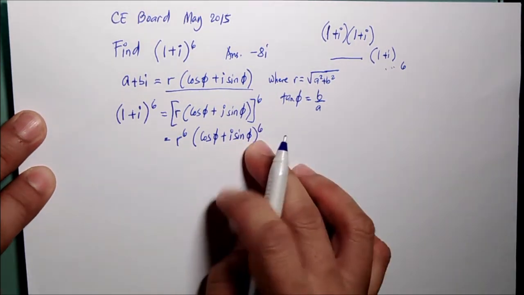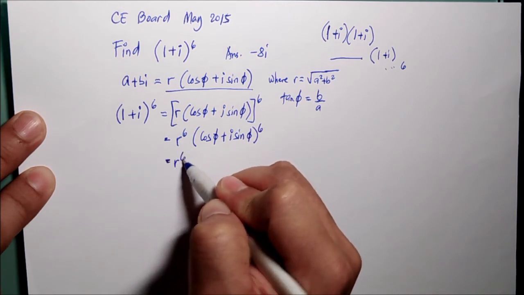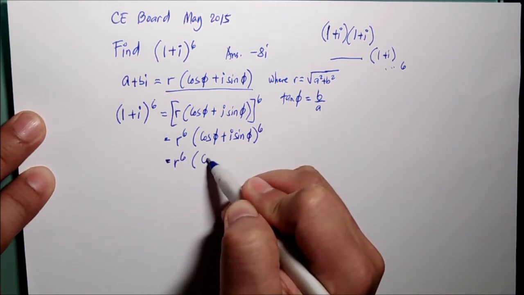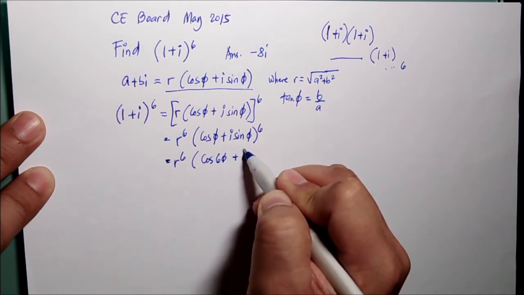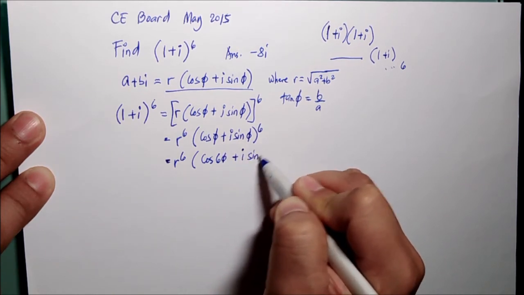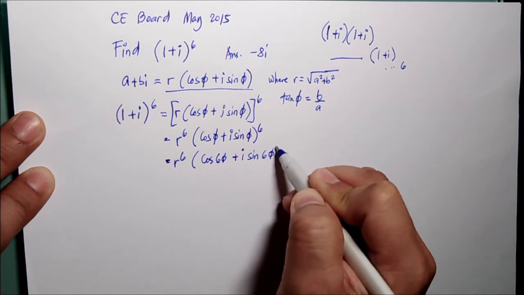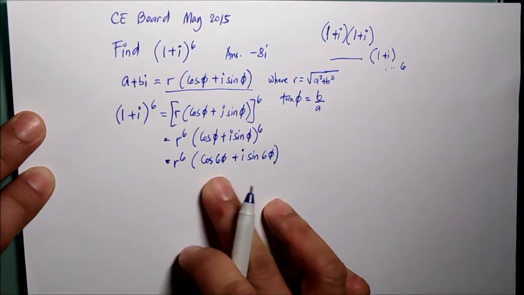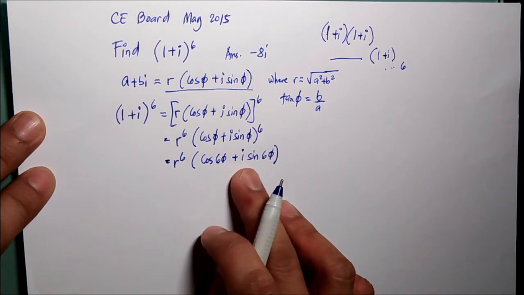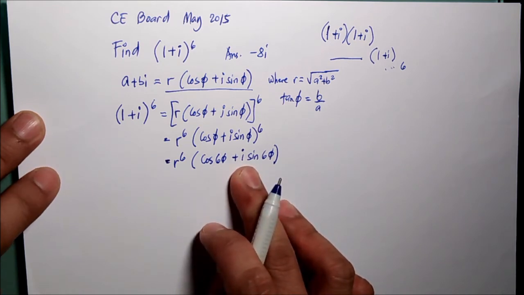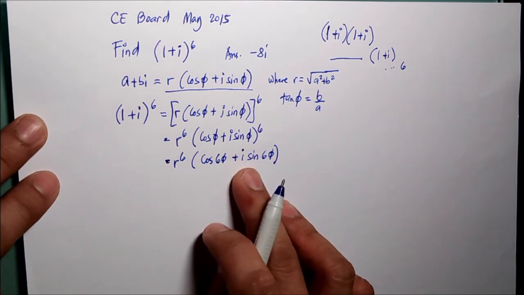What's the simplification of this? This will be equal to r to the 6 times (cosine 6 theta plus i sine 6 theta). How? We use the trigonometric identities for this.